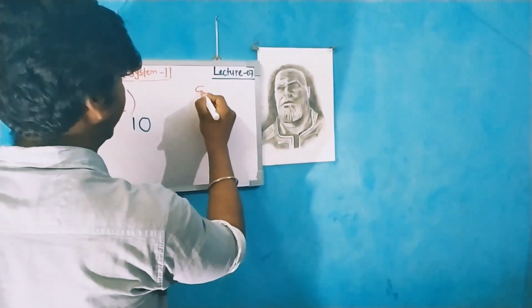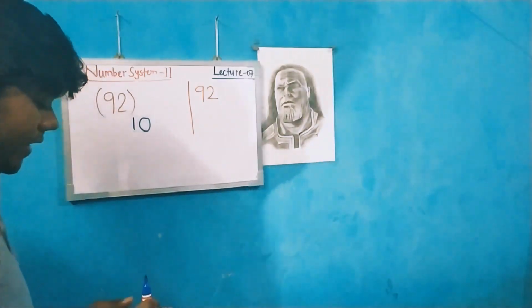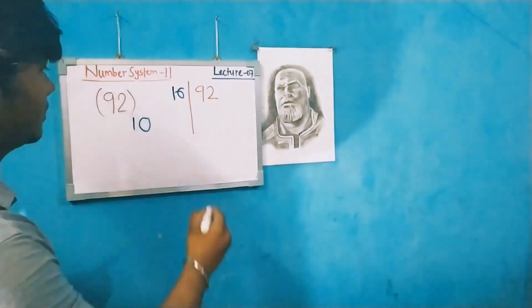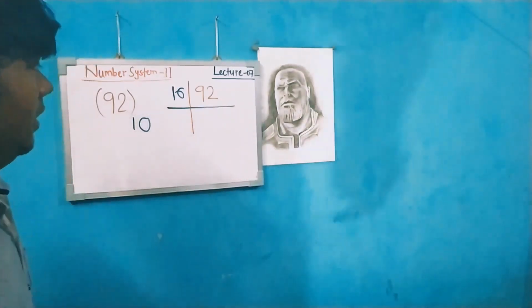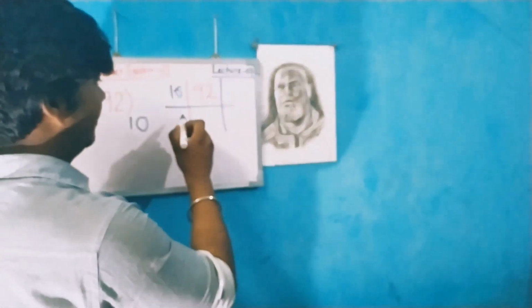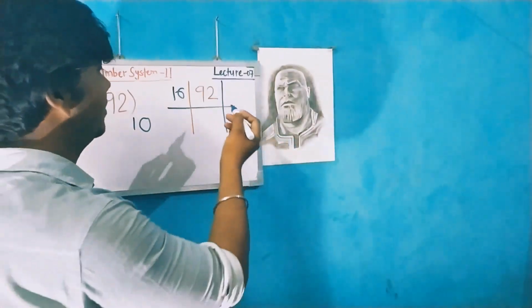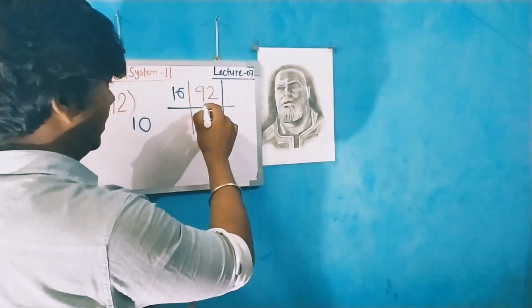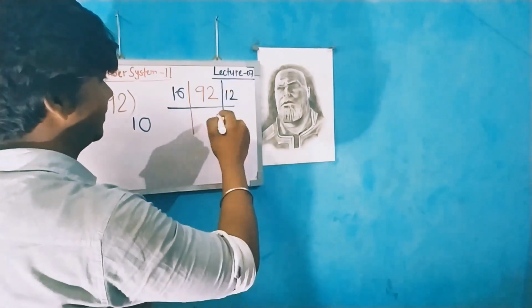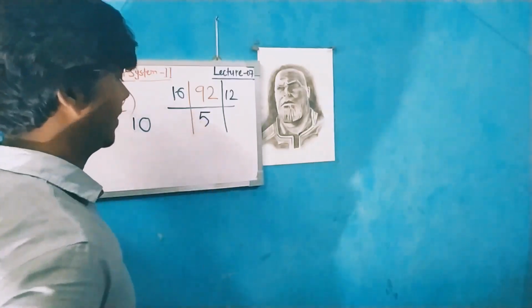For converting a number into hexadecimal, we divide the number by 16. If you divide 92 by 16, the remainder is 12 and the quotient is 5.